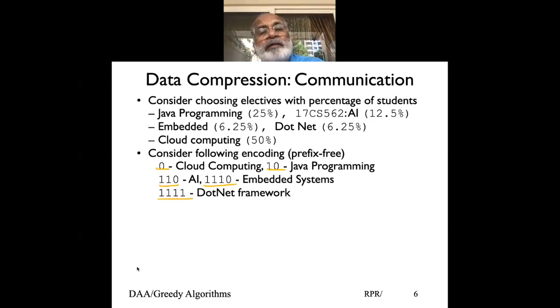No encoding of any subject is a prefix of another one. If it is 0, we know it is precisely cloud computing. If it is 10, it is Java programming. If it starts with 11, it cannot stop there, so I have 110 or 1110. Any encoding is not a prefix of any other subject, so this will give me better results.